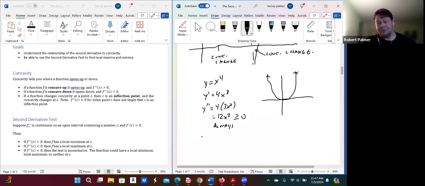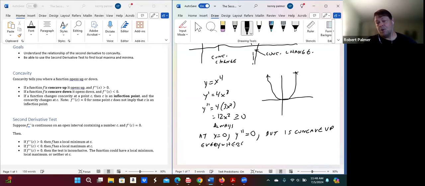Then at x equals 0, y double prime is equal to 0, but as you can see from the graph, and also from the fact that it's always positive, it is concave up or opens up everywhere. So just remember that just because the second derivative is 0, that doesn't imply a concavity change. If we have a nice continuous smooth function and the concavity does change, it has to change where the second derivative is 0.